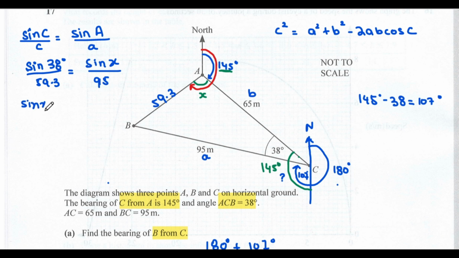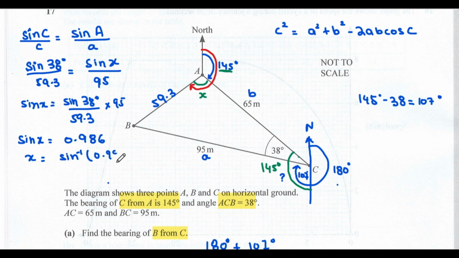Now I can just adjust it. Sine x would equal sine 38 over 59.3 times 95. Putting all this into your calculator, we will get 0.986. Taking sine inverse of it, we will get the angle A, which is 80.5 degrees.